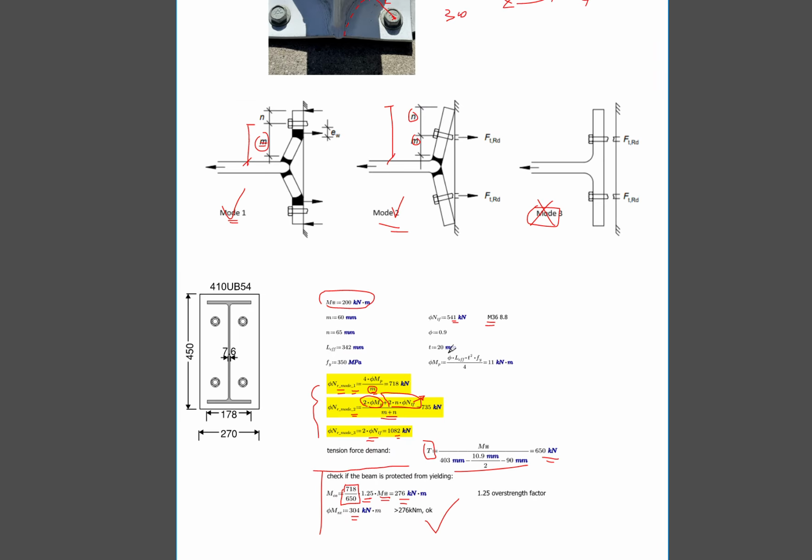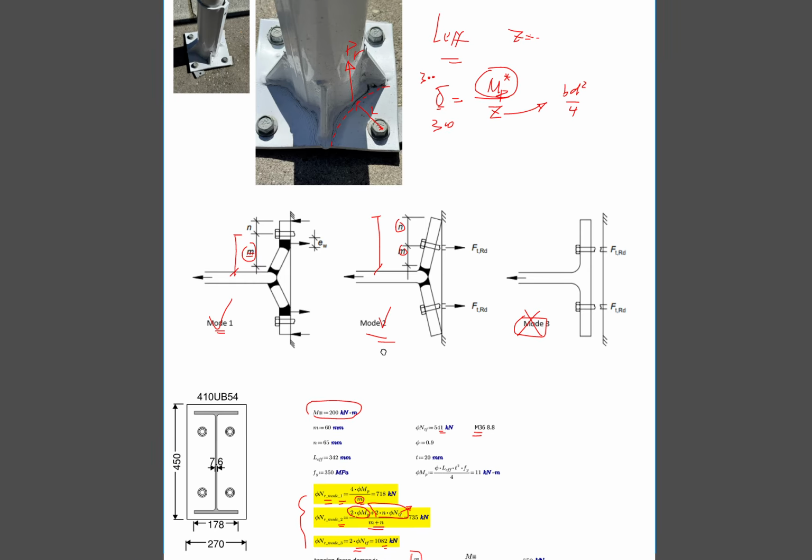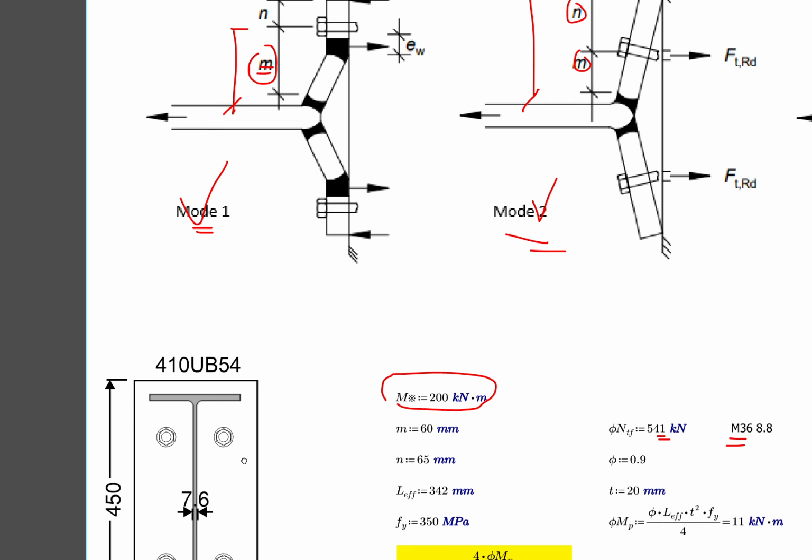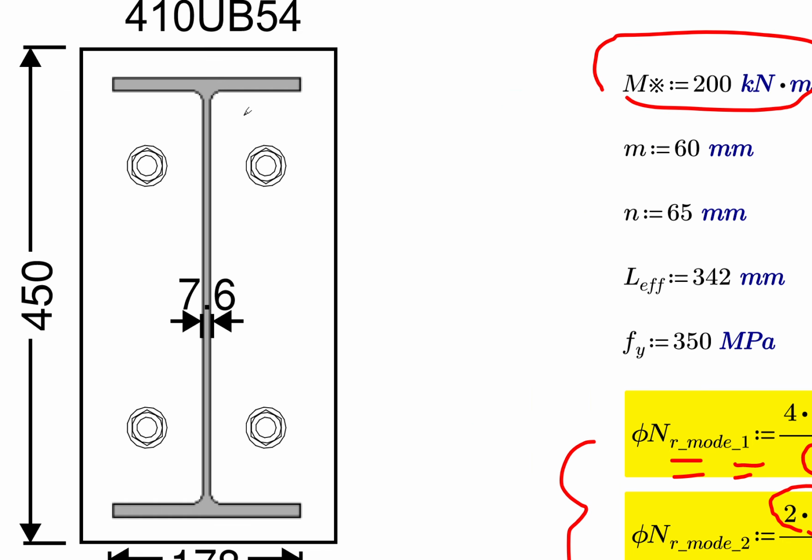So, to summarize the yield line theory: first of all, you should be able to pick the correct and effective yield lines. In this example, your yield line is going to form around this welded region, something like that. That is your negative yield line.